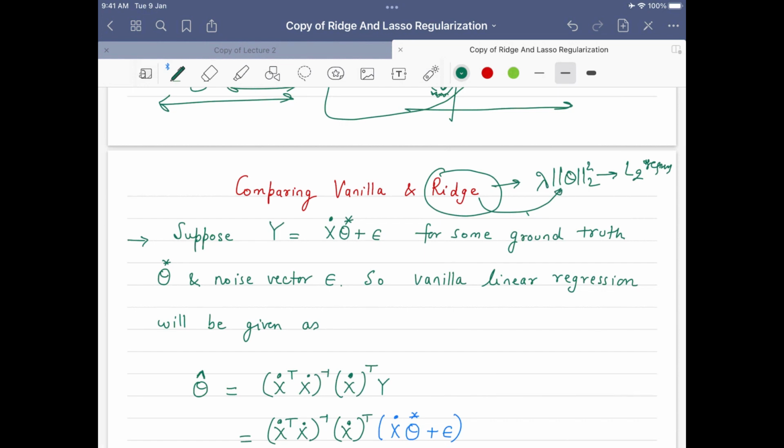If I am using the square of theta, that is theta 2 here and 2 this side, so this is called the L2 norm, and this is basically ridge regression. And what is vanilla regression? Vanilla regression is nothing but lambda equal to 0. If lambda is 0, that regression is called vanilla regression, which is the original regression we started out with earlier when we discussed regression in lecture 3 or 4, somewhere like that.